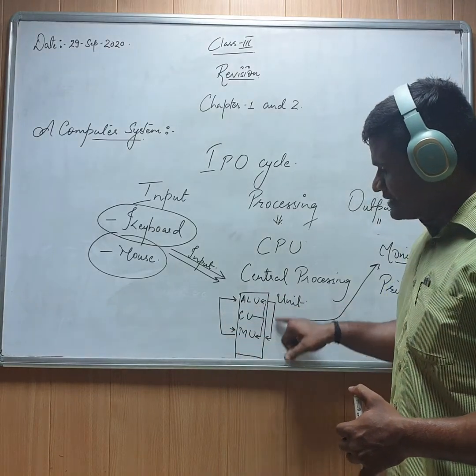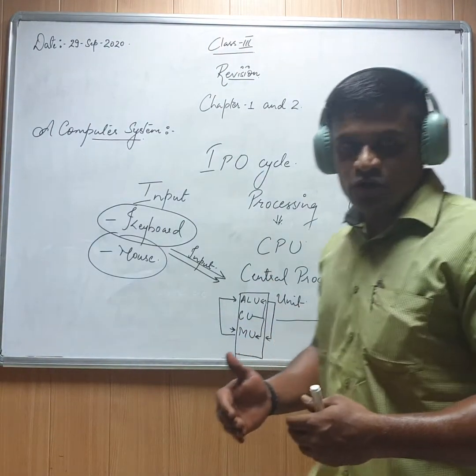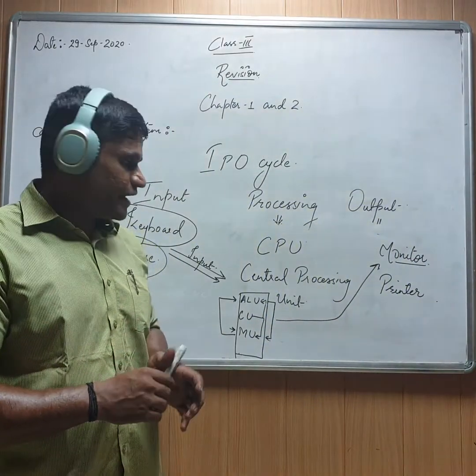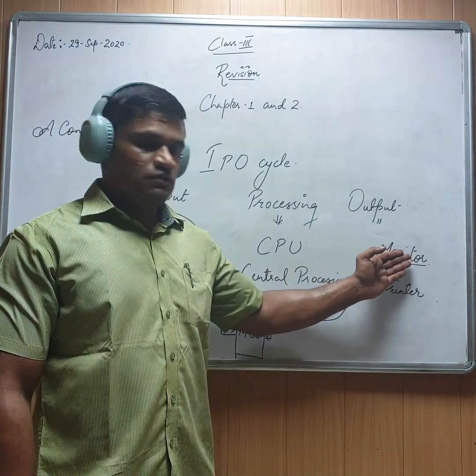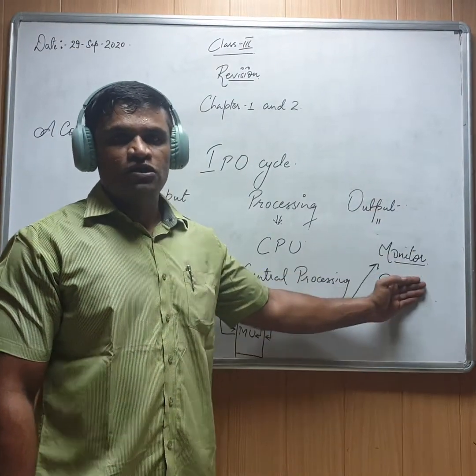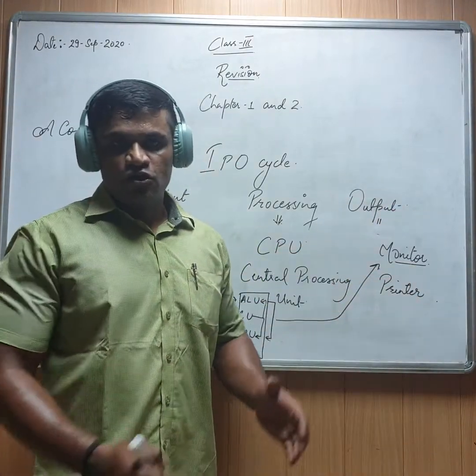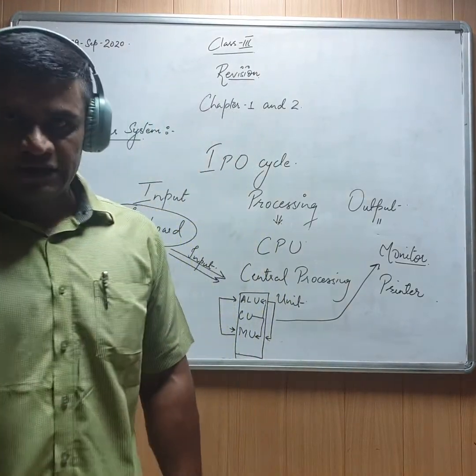All this work is controlled by the control unit. Once the processing is done, the resultant is transferred to the output unit, that is the monitor, where it is displayed, and the printer, where it is printed out. I think the topic is clear up to this.